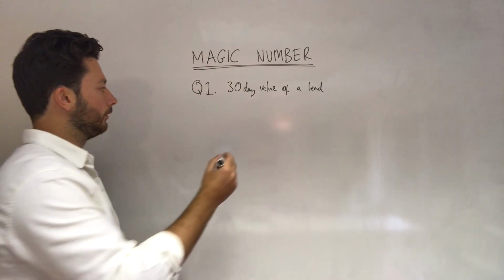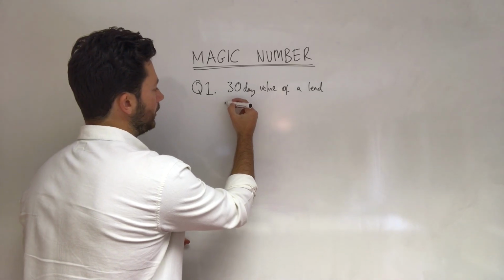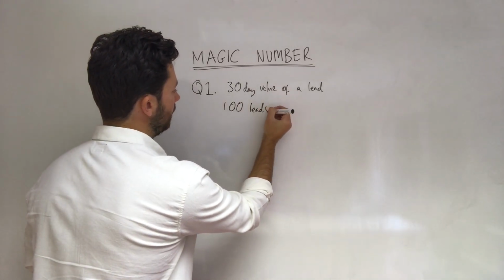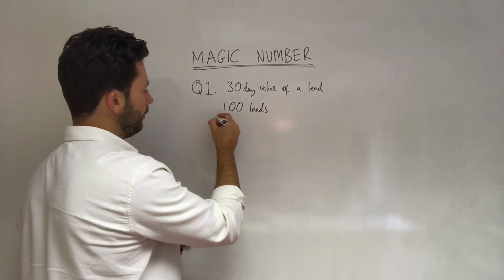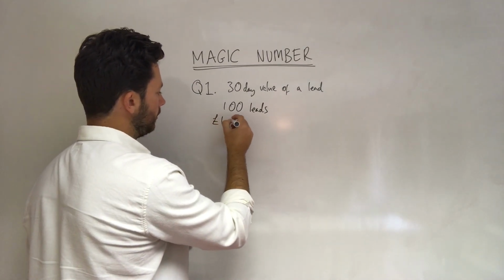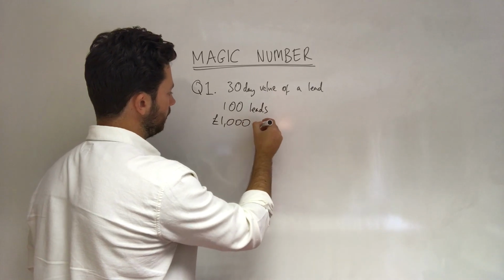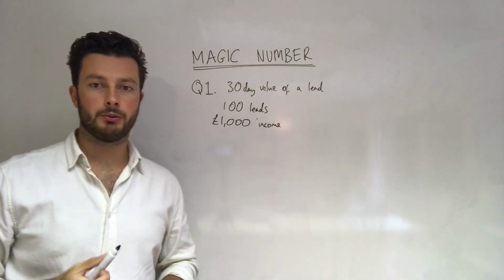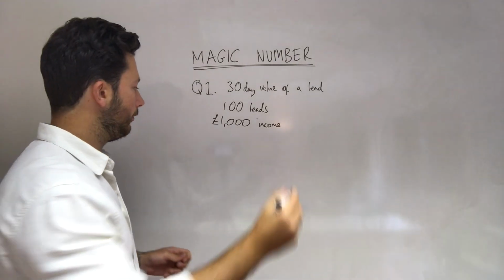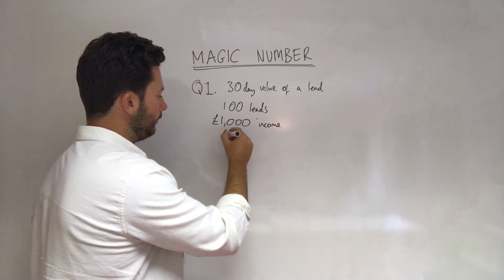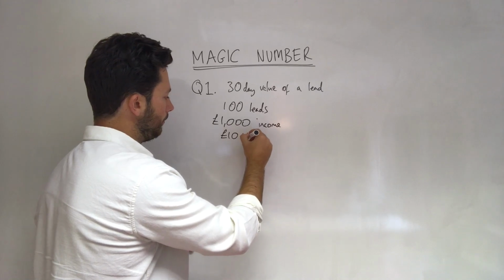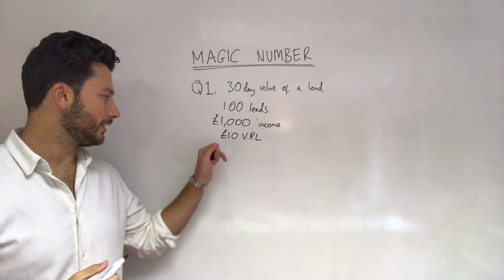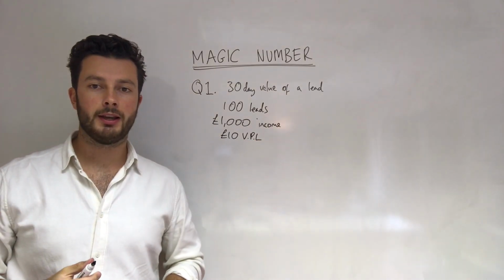So let's say, for example, we generated 100 leads, and those 100 leads resulted in £1,000 worth of income. Therefore, the value per lead is £10. You've got a £10 value per lead.